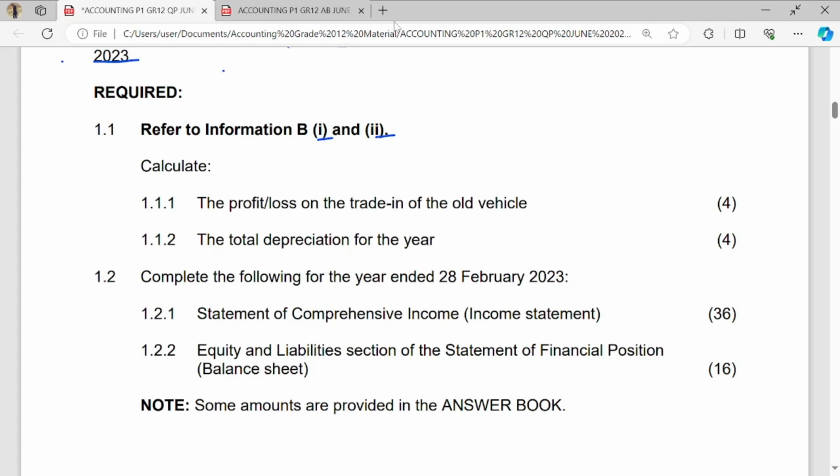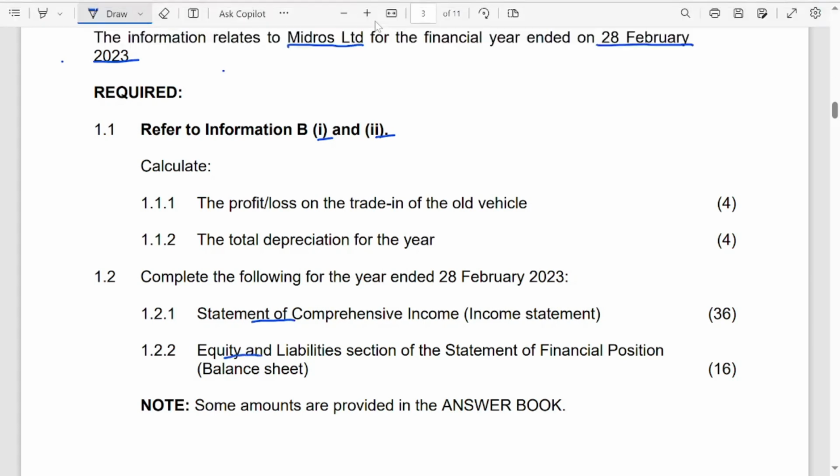Complete the following for the year ended 28 February 2023. We're told to do the income statement and also the equity and liability section of the statement of financial position, which is a balance sheet. And then they say, note some amounts are provided in the answer book.